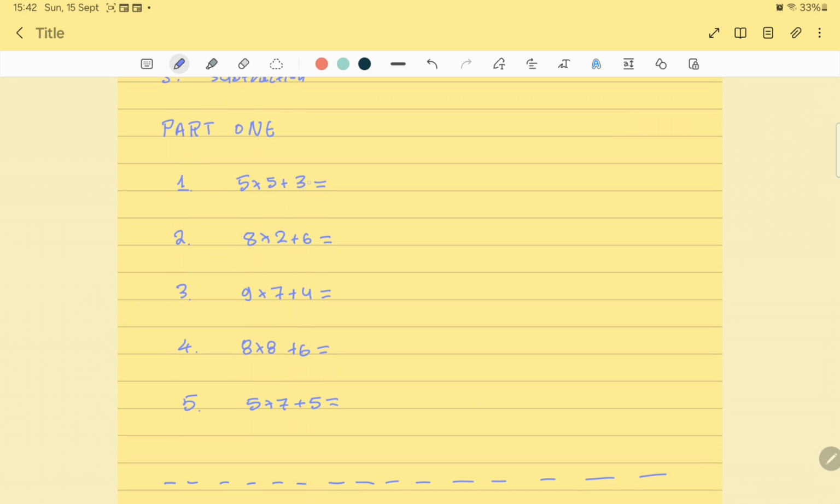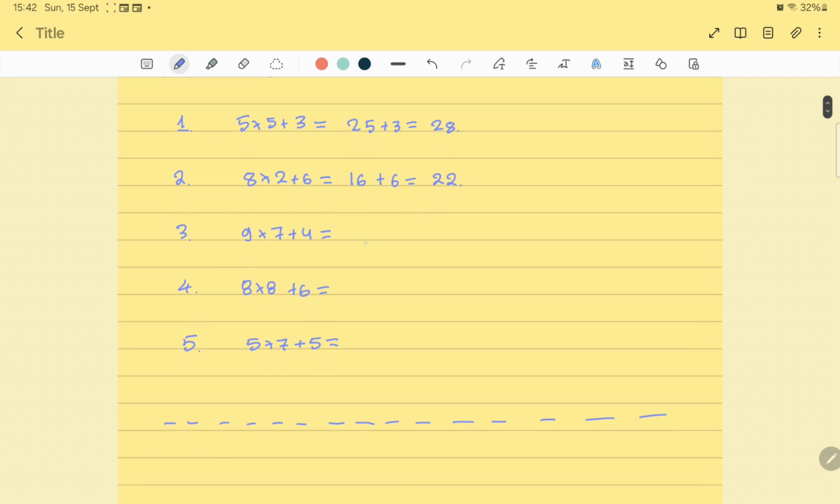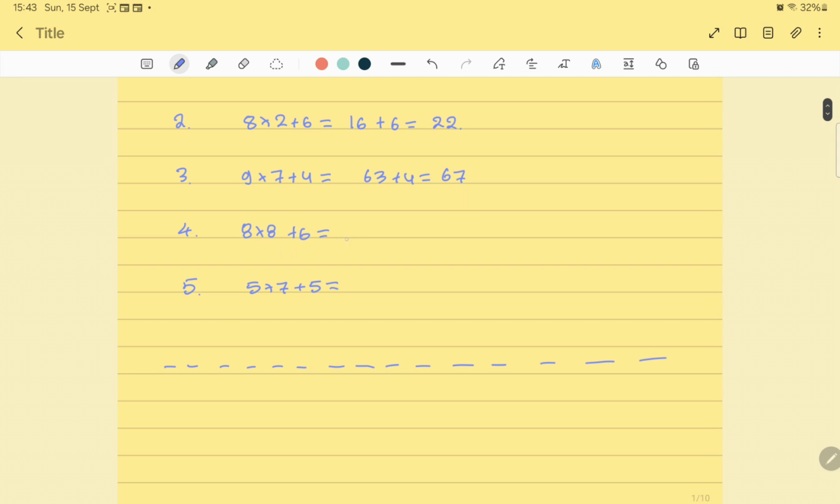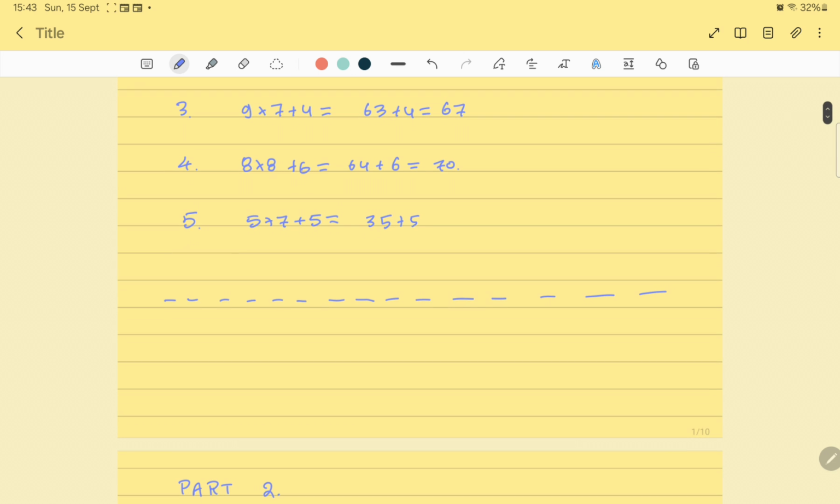Here we have a multiplication and addition. First we do the multiplication and then we add. Number 3, we do the multiplication and then we add.